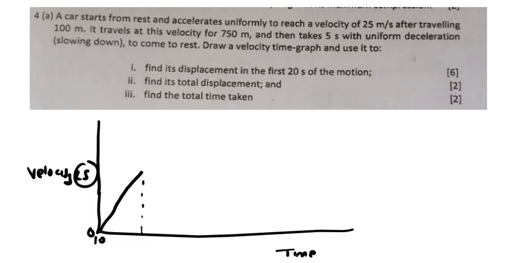Then it travels at this velocity for 750 meters. Let's say from here to here it's 750 meters, and then takes 5 seconds with uniform deceleration, actually slowing down.